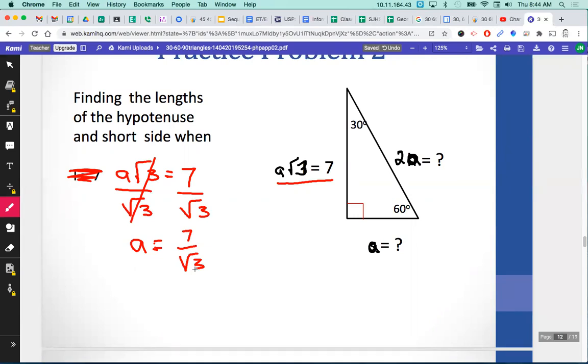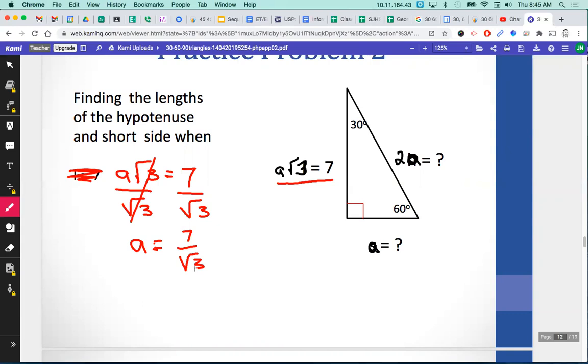Excuse me. All right. This is something that we need to address. Do you guys remember what we have to do when we have a radical in the bottom of a fraction? You guys remember what that's called? This is something that you may not have done before. Okay. We don't like having radicals in denominators.